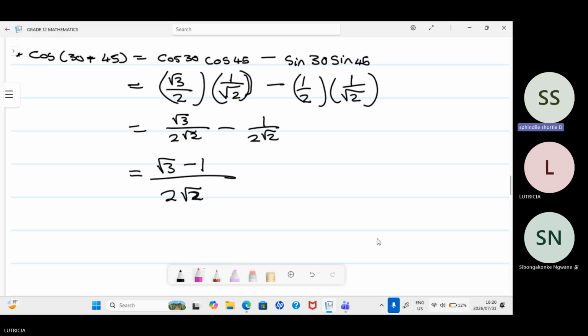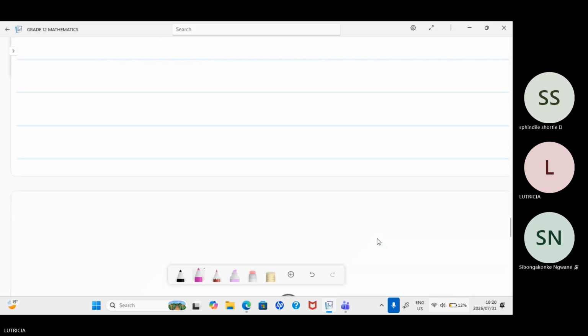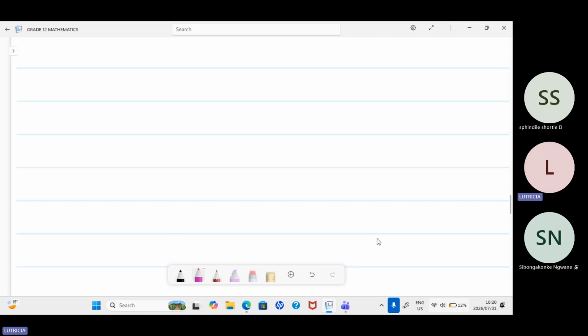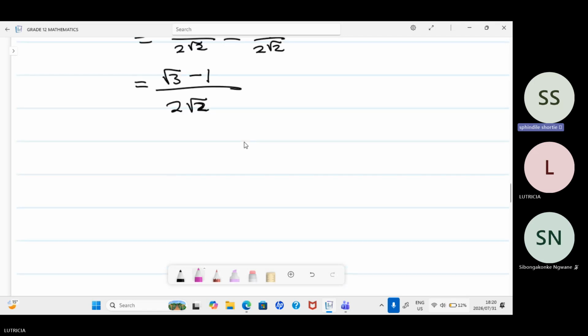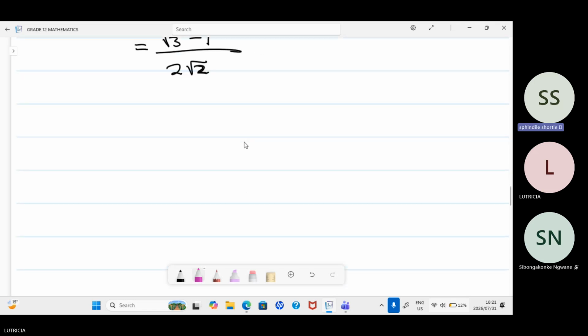Yes, but can you please explain when they say prove this equation? Okay, can you give me an example? You can also send it on the WhatsApp group. Sometimes they usually say prove sine(theta plus beta) is equal to sine theta cos beta plus cos theta sine beta.